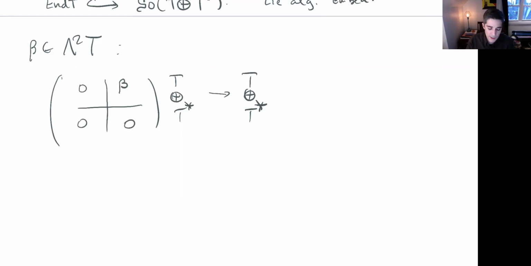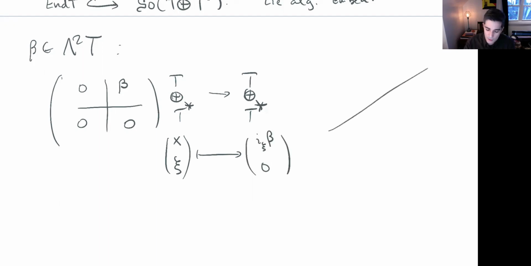Okay, and it will take a vector plus a one form, and it will map it to the interior product of the one form on the bivector, and it will just ignore the vector part.